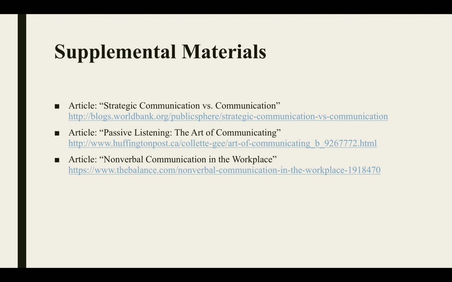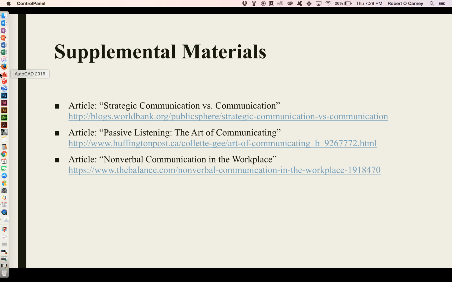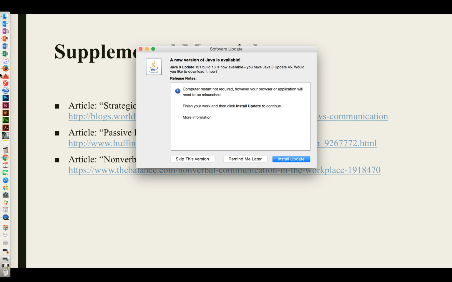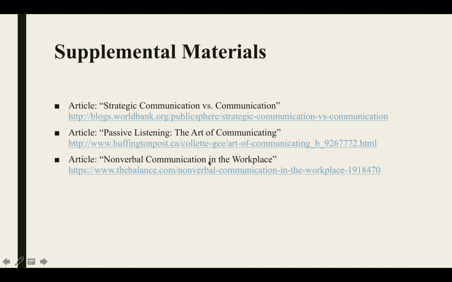Now, these are some supplemental materials to help better understand some information from this week. First source is an article that better describes the difference between regular communication and strategic communication, and what you can do to try to make all of your communication more strategic.